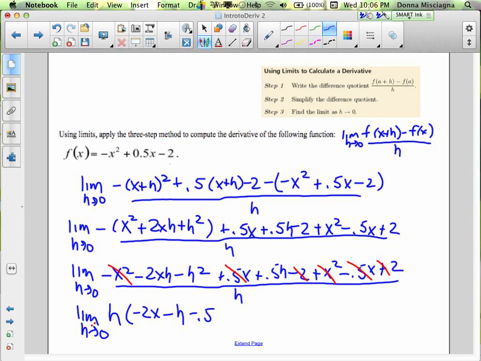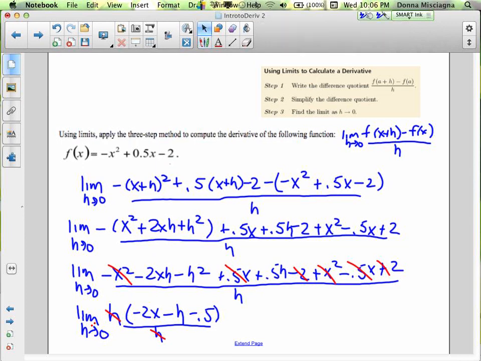If I've lost you by factoring out the h when I wrote it, just let me know and I'll go over it with you again, okay? But I'm going to run out of space. So I thought, rather than writing it, we'll factor out an h at the same time. Of course, the h's cancel there, and now I'm no longer indeterminate. Yay! So now we can plug in the 0 because we're done taking the limit.